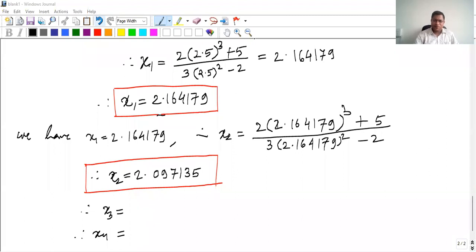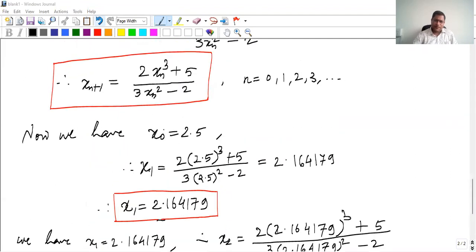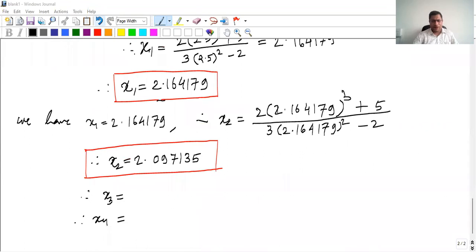That's good. So now, once you get this value, again you have to put this value in this expression. Whatever value we get in the previous iteration, we have to use in the next iteration.